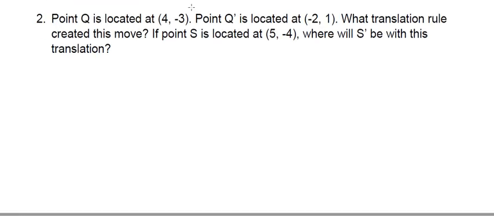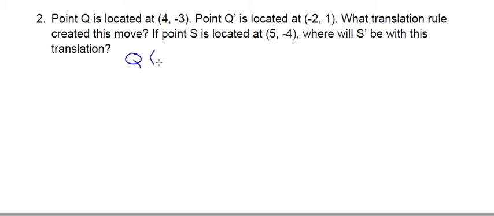The next question tells us that point Q is located at 4, negative 3, and that point Q prime is located at negative 2, 1. It wants to know what translation rule allowed that to happen. Then it gives me a new point and says, according to that same rule, where will S prime be? So I need to think about what rule has already happened here.